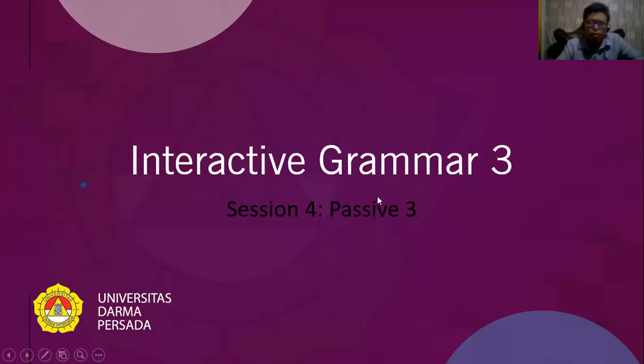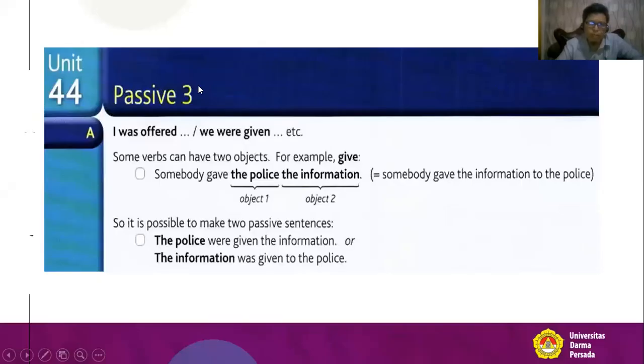Now we are going to have this one, passive three. We have was, and then we have were. So that means we are using the first pattern of passive.